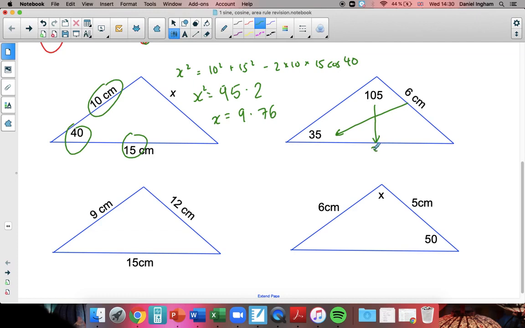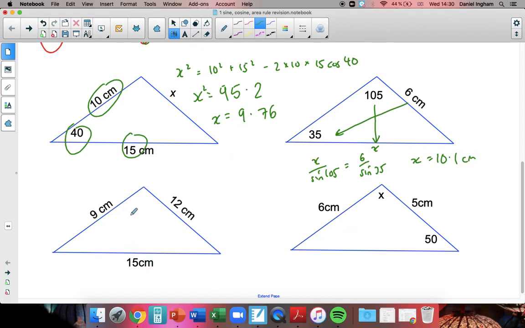If I call this x, I could say that x over sine 105 is 6 over sine 35. A little bit of rearranging will tell me that x is 6 sine 105, divided by sine 35. x is 10.1 centimeters.